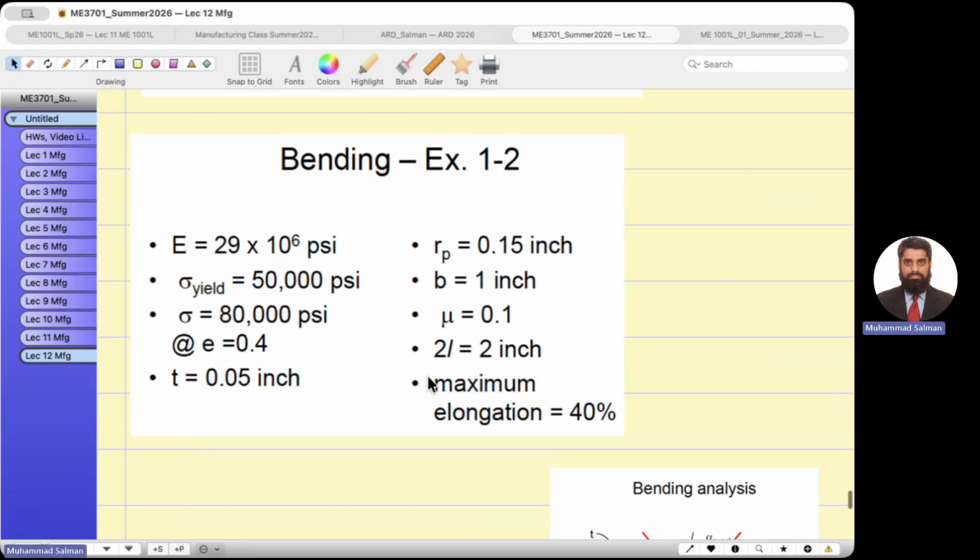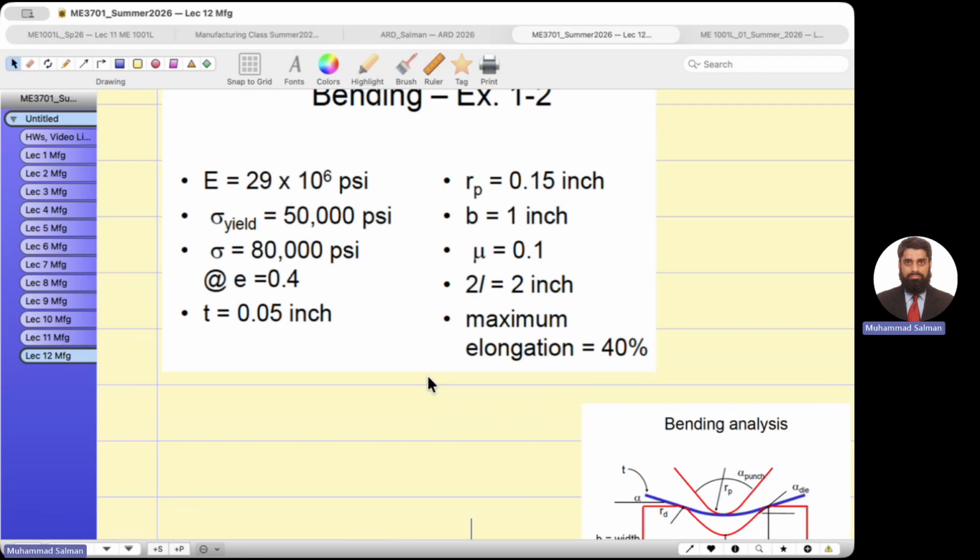So this is the material. Sigma yield has been given, and the maximum stress is given.